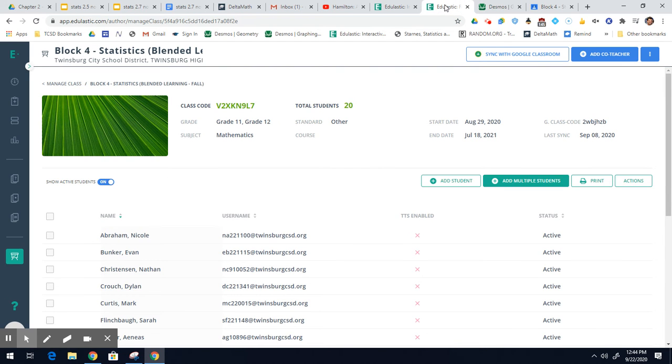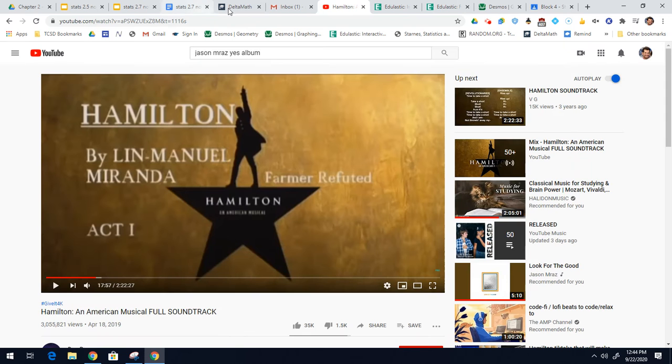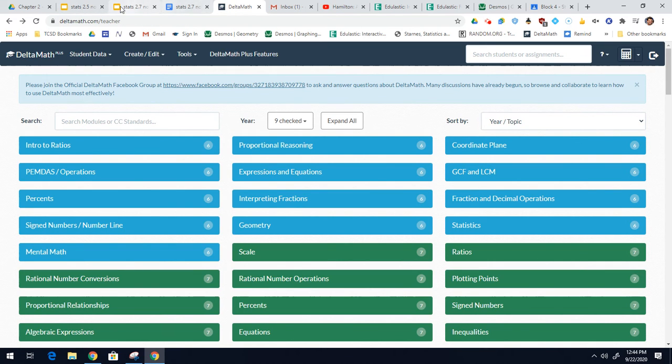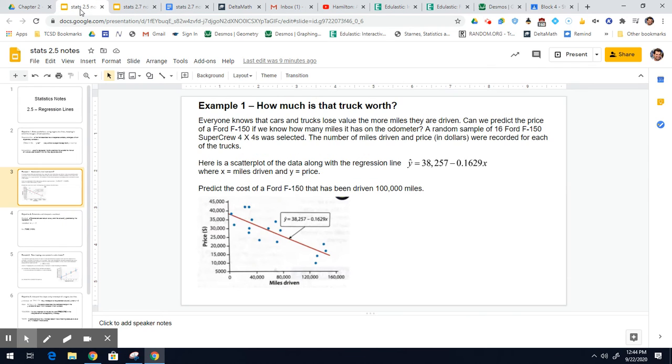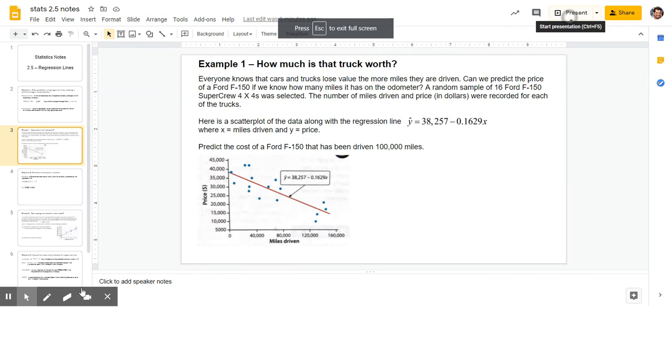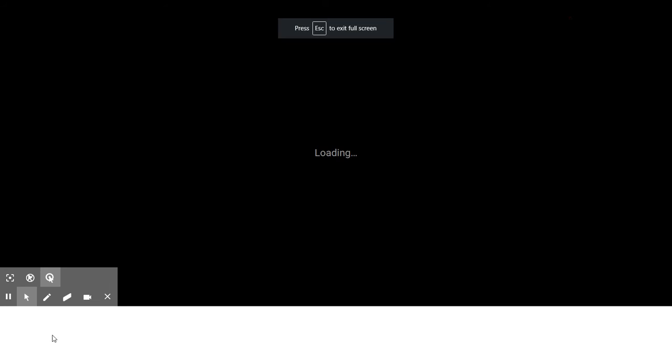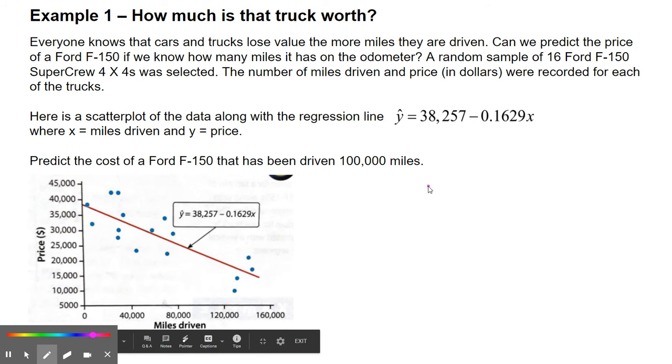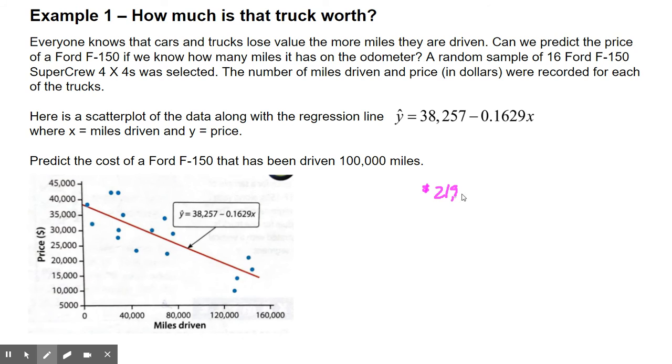Sorry about that. I've got too many tabs open. So $21,967.